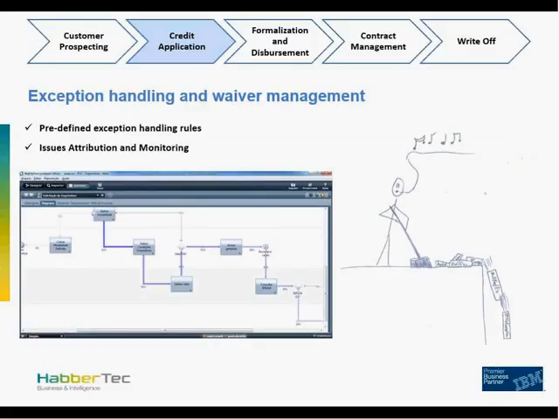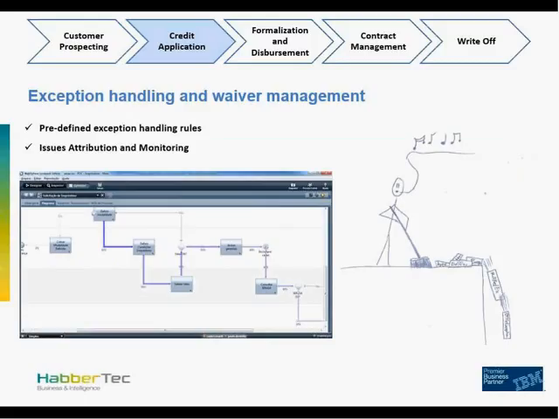And the last one is kind of fun. The idea is that we can handle exceptions in an organized manner.